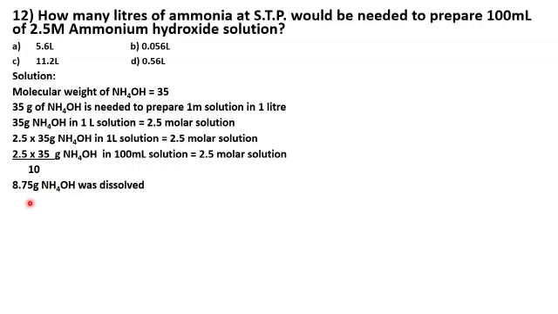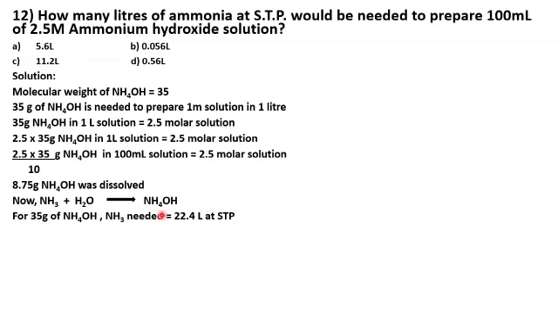So it becomes 8.75 gram of ammonium hydroxide dissolved. If you solve this one, you will get 8.75 gram. When ammonia is added to water, there will be formation of ammonium hydroxide. For 35 gram of ammonium hydroxide, NH3 needed is 22.4 liter at STP. This is the standard molar volume at standard temperature and pressure.